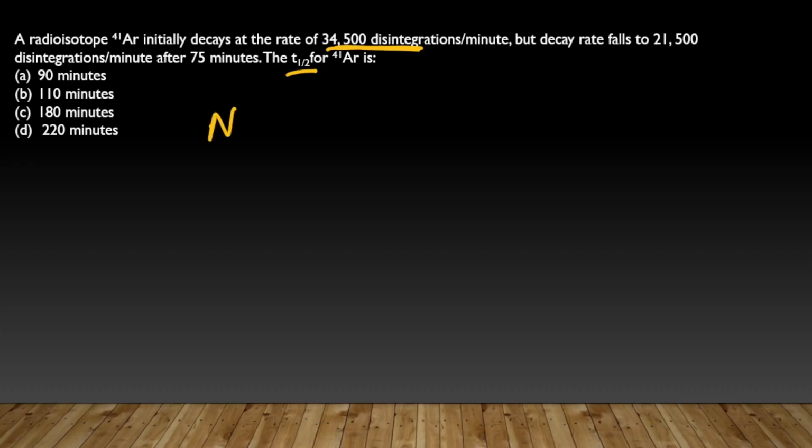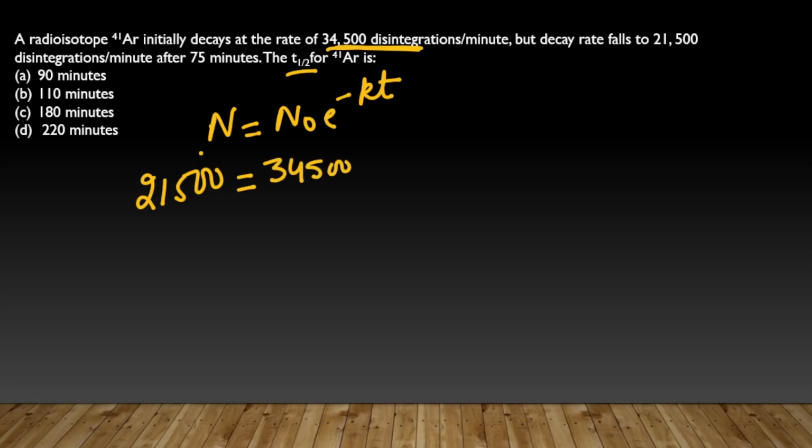We know that N is equal to N naught times e raised to the power of minus kt. The final disintegrations we have is 21500. The initial one we have is 34500 e raised to the power of minus k, and the time period is 75 minutes.